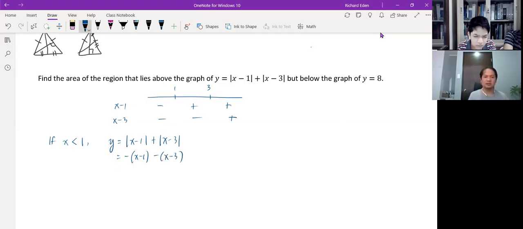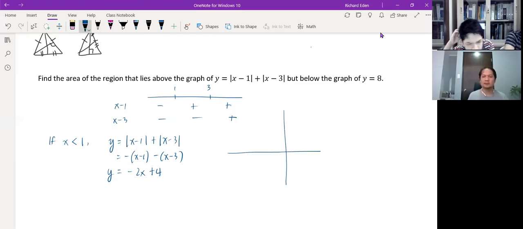So this will give us negative 2x, then plus 1, plus 3, so it's plus 4. So the graph will look like this if x is less than 1. So here is 1. y equals negative 2x plus 4 is a linear function.